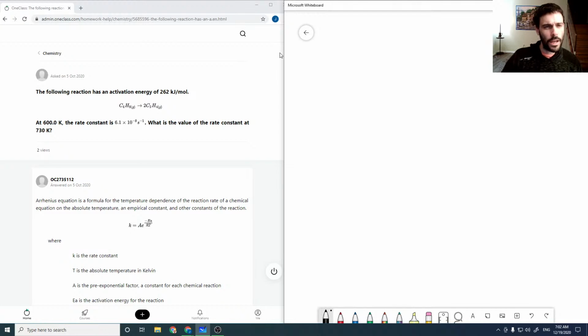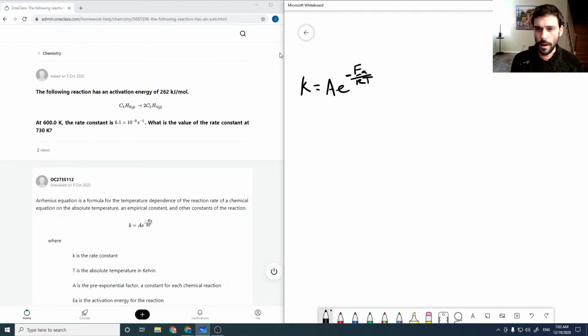The following reaction has an activation energy of 262 kilojoules per mole. At 600 Kelvin, the rate constant is 6.1 times 10 to the minus 8 per second. What is the value of the rate constant at 730 Kelvin? So this is an application of Arrhenius' equation, which states that our rate is some factor times e to the minus activation energy over RT.